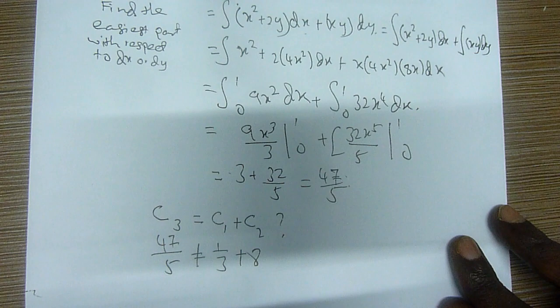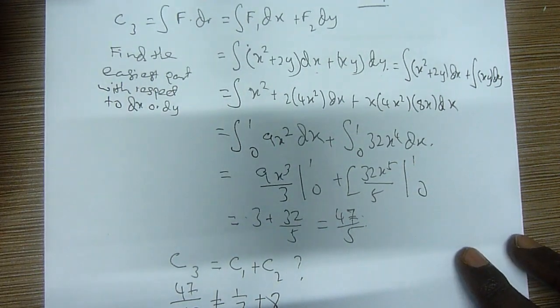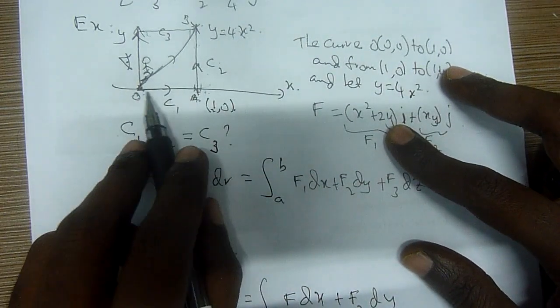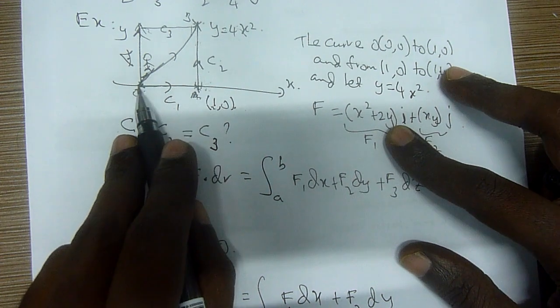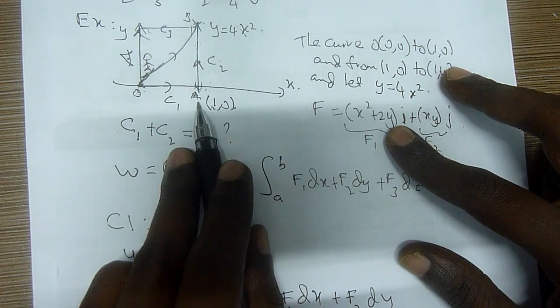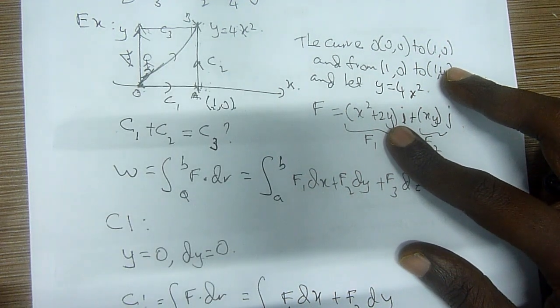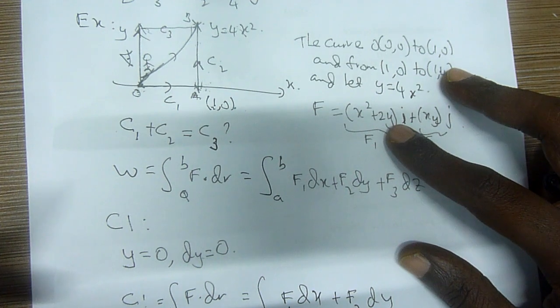It's not equal. What can we conclude here? The work done moving from O to B is not equal to the work along the other path, according to the calculation that we found here.